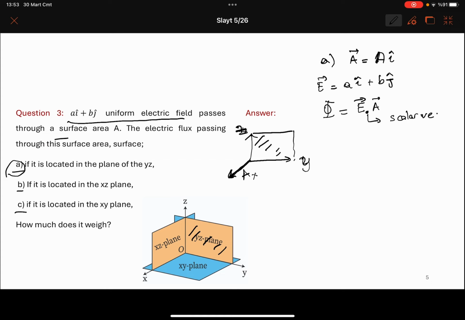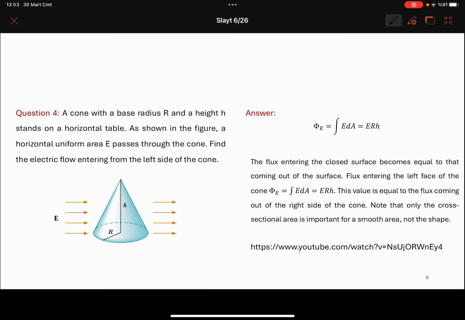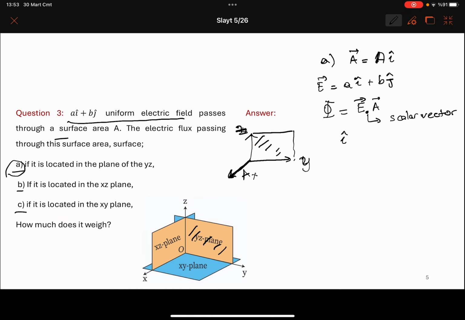Let me remind you of some rules for the scalar product. If I multiply i by i, j by j, or k by k, we multiply the same unit vector with itself, and it gives 1.